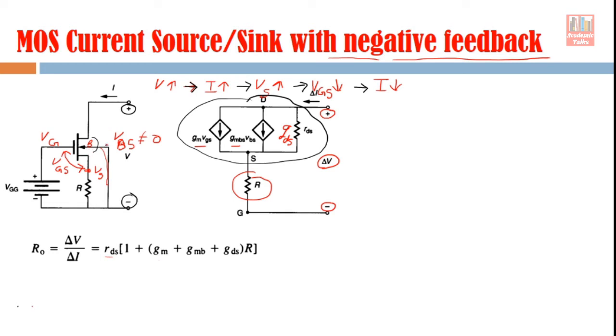But here you see bulk is connected to ground and the source is not connected to ground. You see, source definitely will have higher potential as compared to ground, because current here is passing like this. So your source is at higher potential as compared to ground. So definitely VBS is not 0, and if VBS is not 0, it means we cannot ignore GMB in the circuit, right?